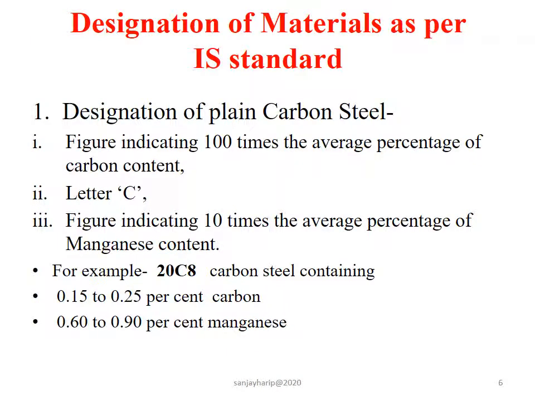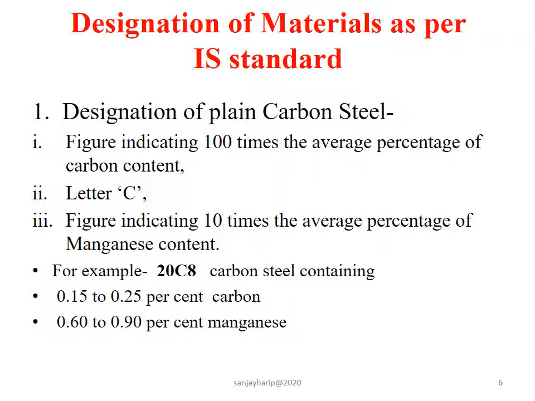Let us see designation of material. A large number of varieties of steels are used for machine component. Therefore, steels are designated by group of letter or number indicating carbon content, tensile strength or composition of alloying element.